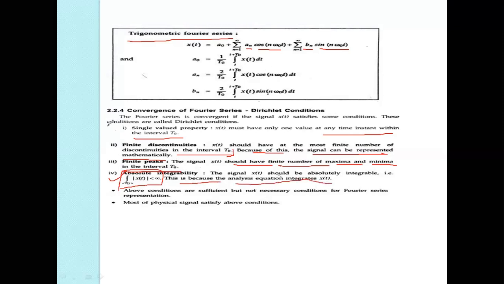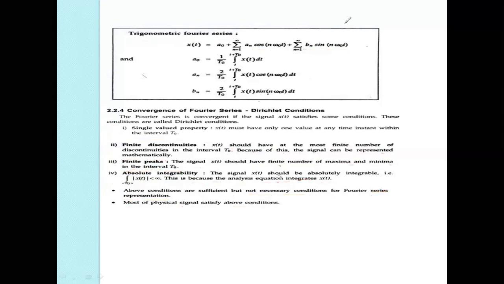So these 4 conditions are the Dirichlet conditions, and the above conditions are sufficient but not necessary conditions for Fourier series representation. Whatever we are discussing now, the 4 conditions are sufficient, but not necessary for the Fourier series representation. Most physical signals satisfy the above conditions.